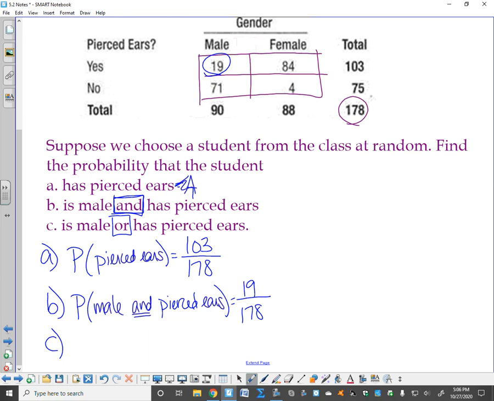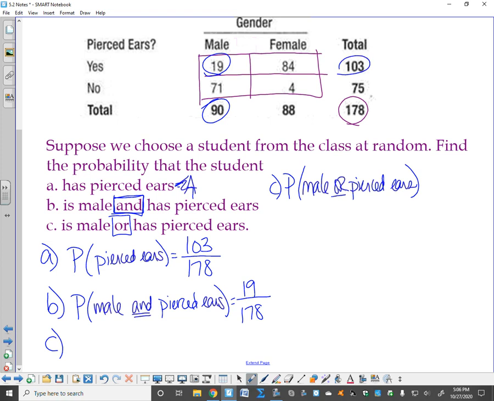Now, here's the kicker. This is the fun part. This is the probability that you're male or pierced ears. Well, I got 90 males.